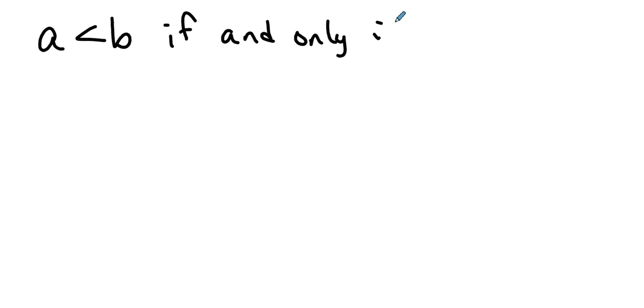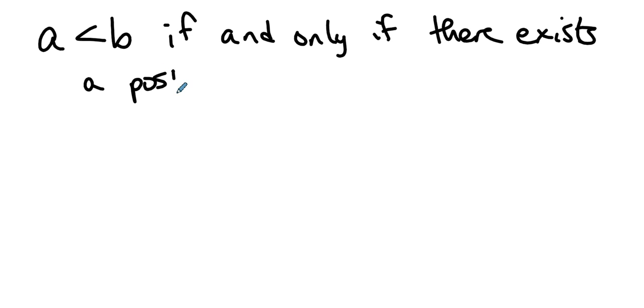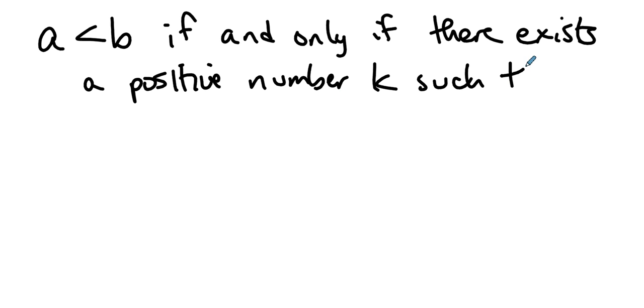So generally speaking, we say that a is less than b if and only if there exists a positive number k such that a plus k equals b.